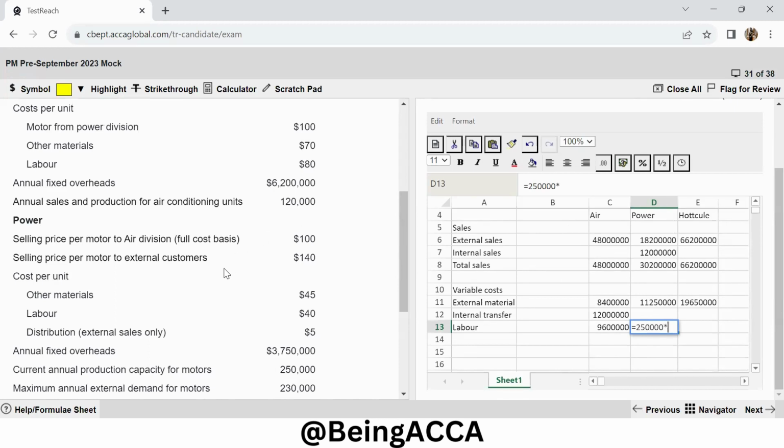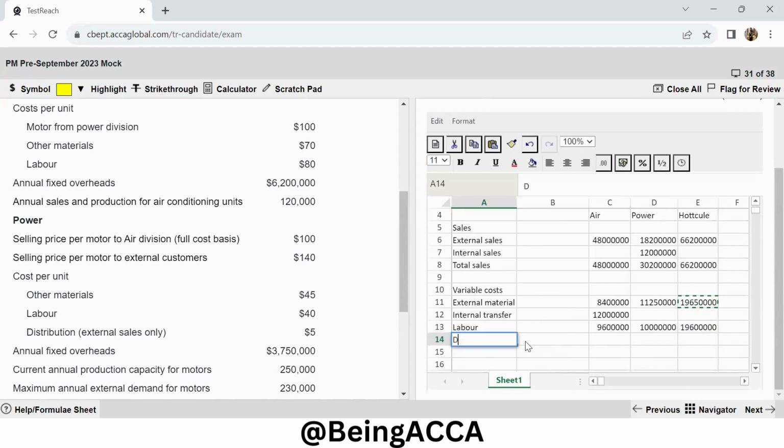And then multiply this by the labor cost of $40, right? So this comes out to be 10,000. And then I can add all of these figures together. And with this, I will have my labor costs also. So yeah, this is the sum.